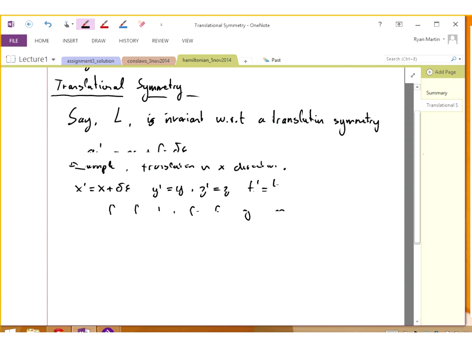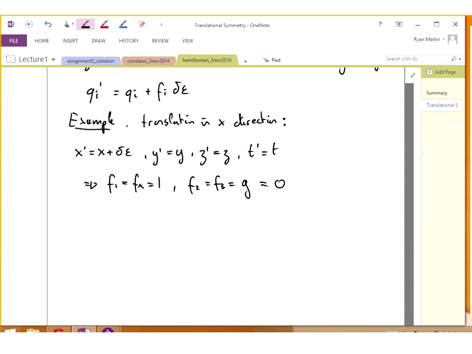If we just apply Noether's theorem, the conserved quantity Q is equal to the sum from i equals 1 to n, in this case 3, of Fi Pi, plus G times the sum from i equals 1 to n of Pi Qi dot minus L. G of course is 0.